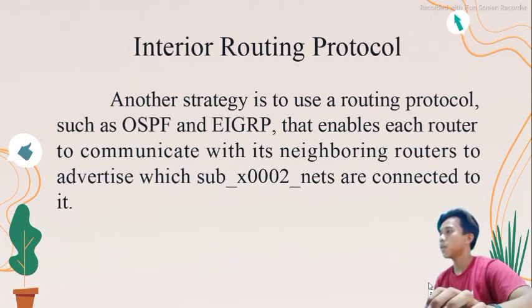Interior routing protocol. Another strategy is to use a routing protocol such as OSPF and EIGRP that enables each router to communicate with its neighboring routers to advertise which subnets are connected to it.